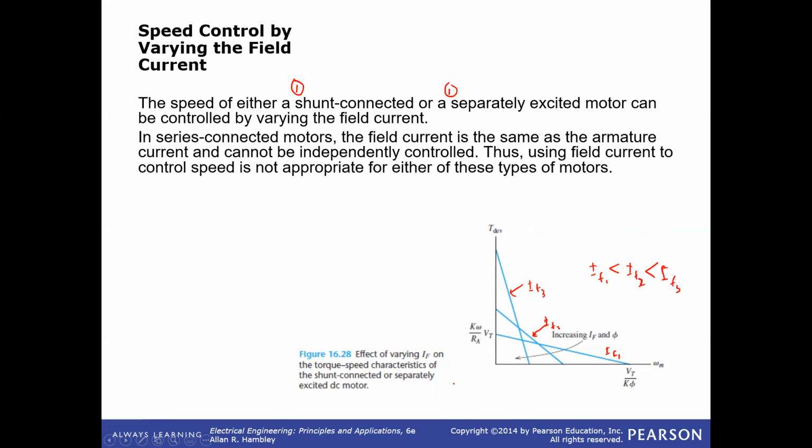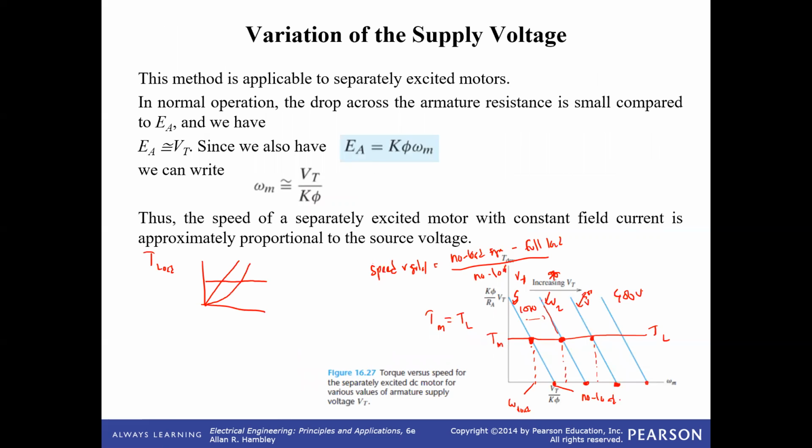Okay, so I would like to mention also that the first type, the variation of the voltage supply, is for the separately excited motor and also for shunt. Okay, sorry, this is only for the separately excited DC motor, not for shunt. Okay, only for separately excited DC motor.